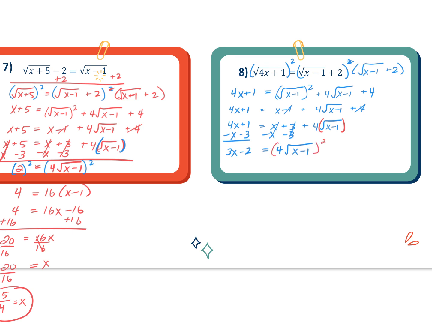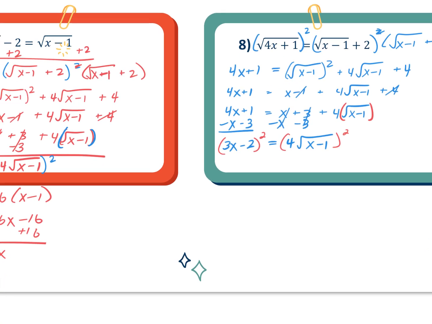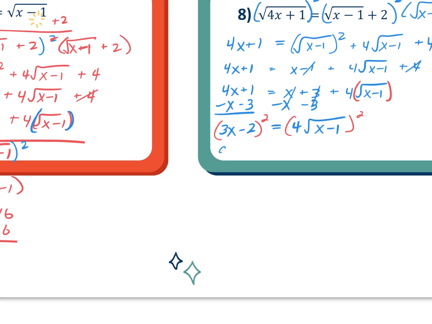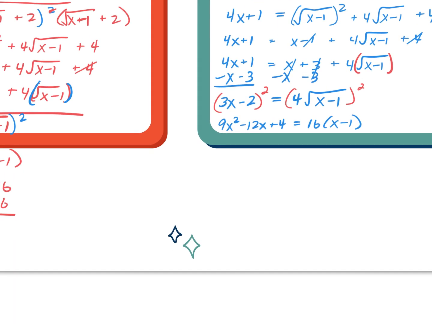I'm going to square this side and square this side. So now I got to FOIL the left side. So I know that's going to be 9x squared minus 12x plus 4 equals 16 times x minus 1 when I square the right. Let me distribute. So 9x squared minus 12x plus 4 is 16x minus 16.